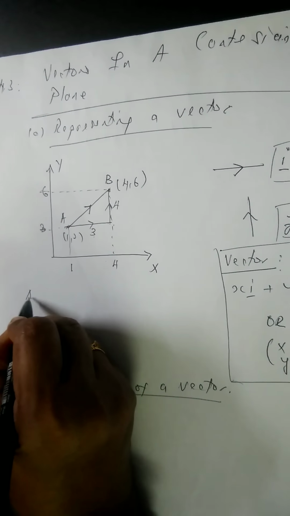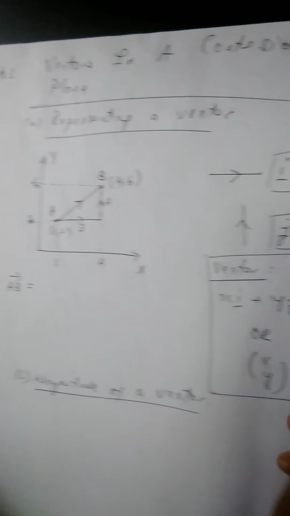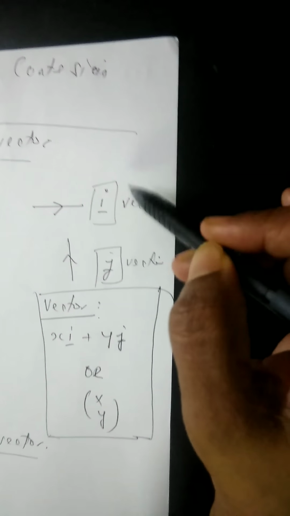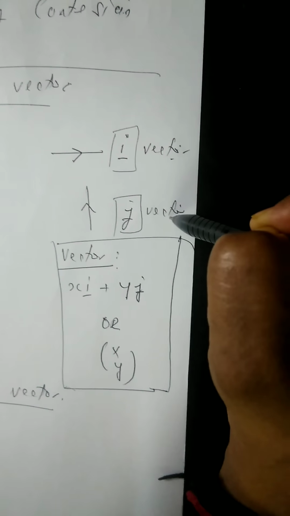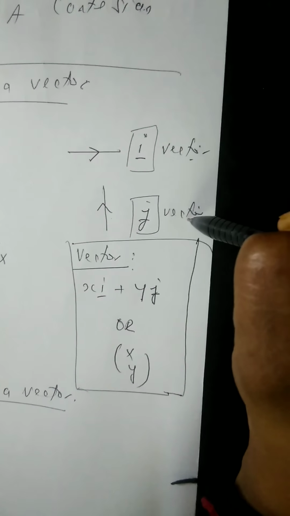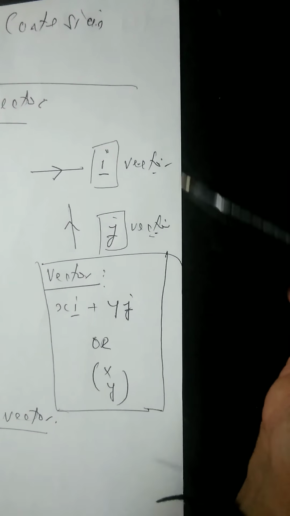That means vector AB. Since i and j are two vectors, i representing the horizontal vector and j the vertical vector.